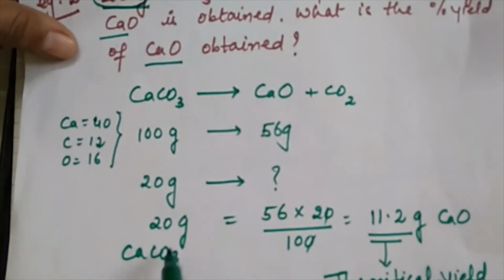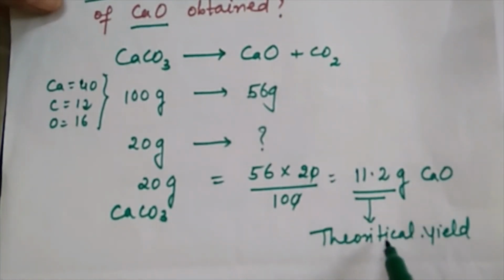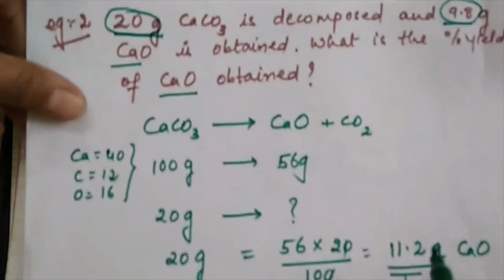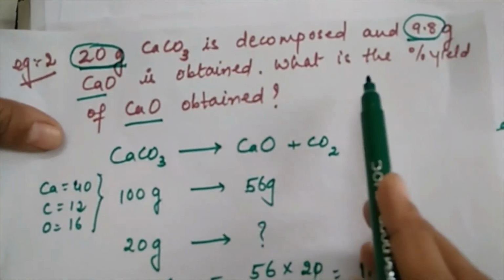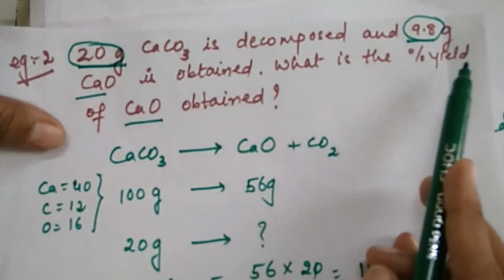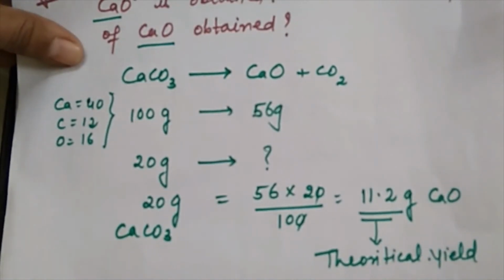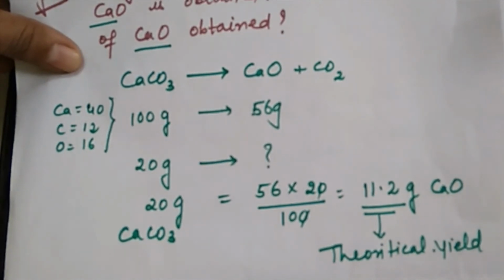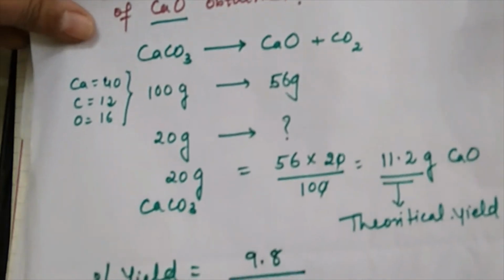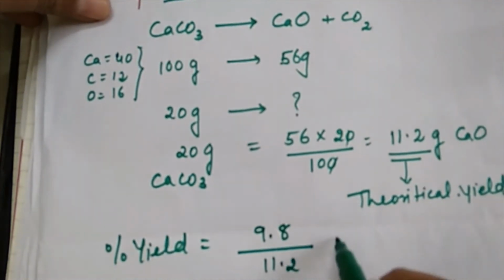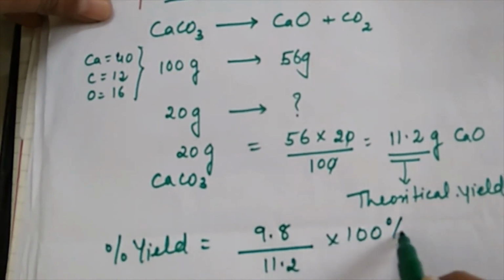Theoretically, 20 grams of calcium carbonate should give 11.2 grams of calcium oxide. But practically what we have got is 9.8 grams. So what will be the percentage yield? Percentage yield is equal to the practical yield that we get, 9.8, divided by how much we should actually get, 11.2, into 100 percent.